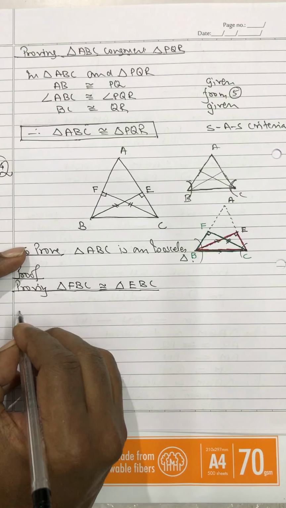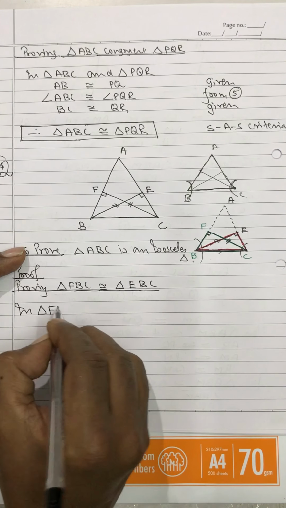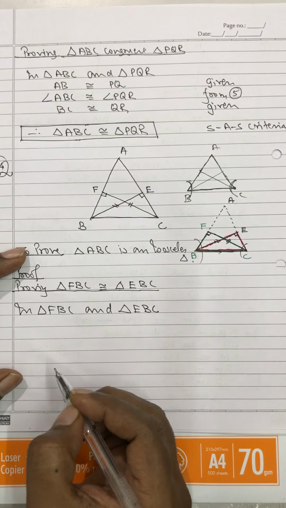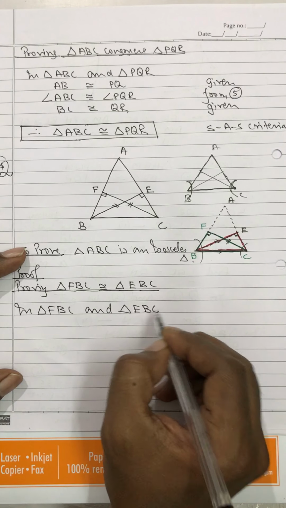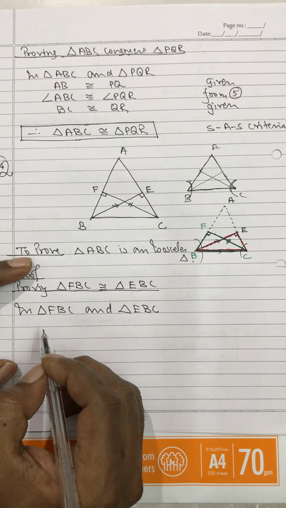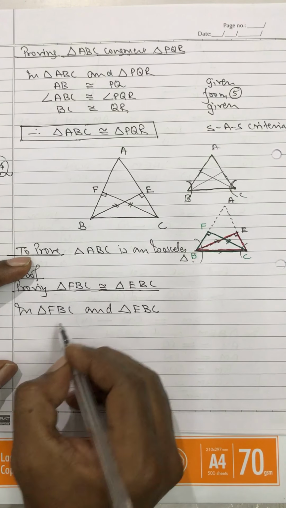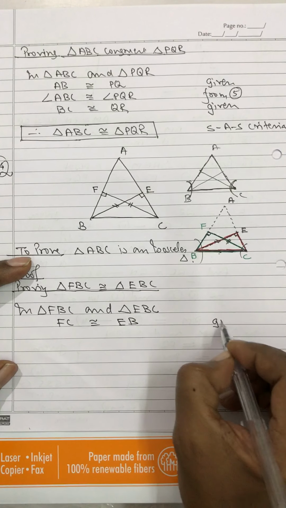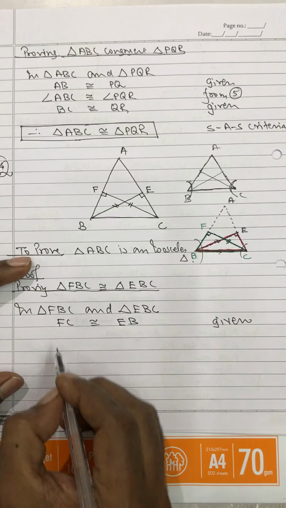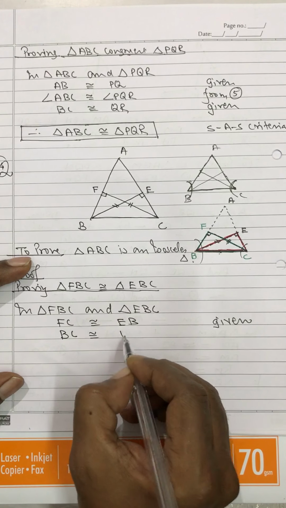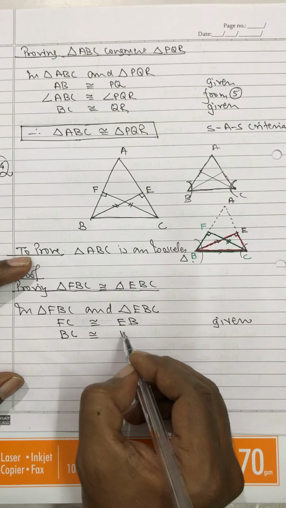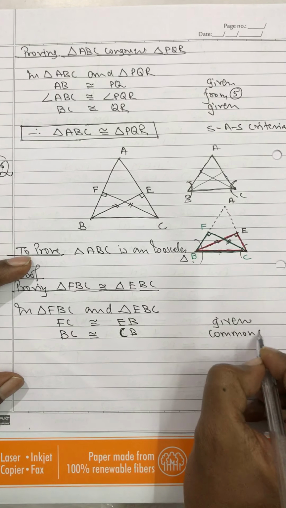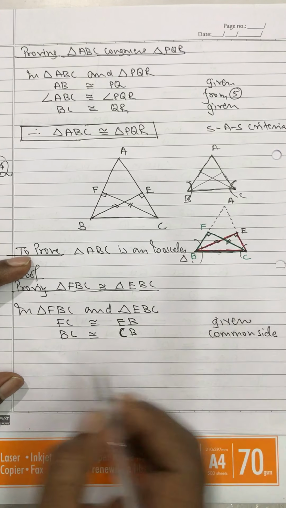So now, in comparison, in triangle FBC and triangle EBC, actually ECB should have been there. What I will get? FC is congruent to EB, this is given. BC is congruent to CB, they are coming in opposite direction. Reason? Common side.